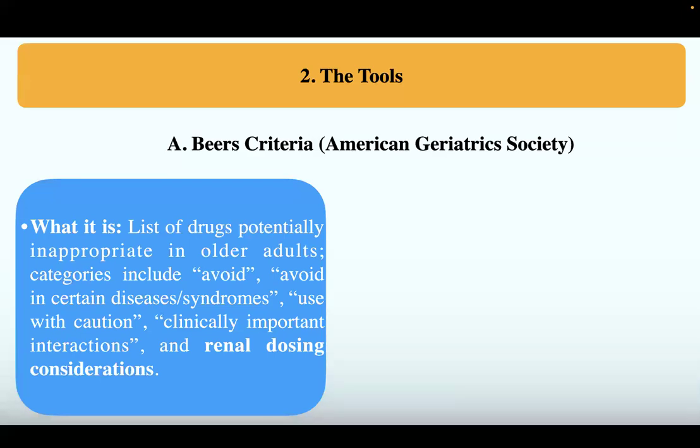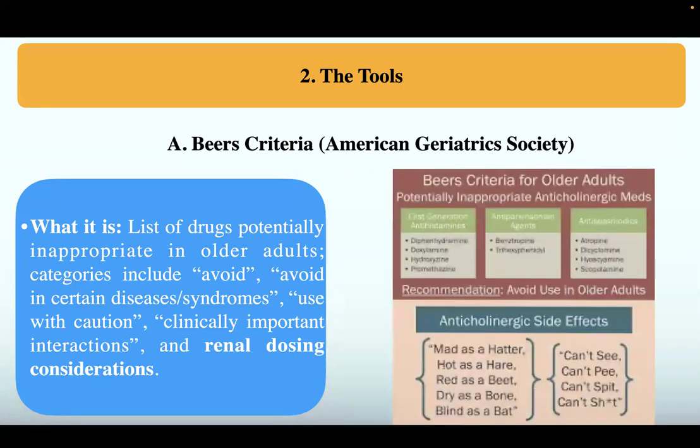Okay. For example, let's take atorvastatin. You can avoid, avoid in certain diseases, or use with caution. Atorvastatin falls under the category of use with caution. That is how Beers criteria defines all of the classes of drugs into particular categories, so that you have an idea what to avoid in geriatric care.